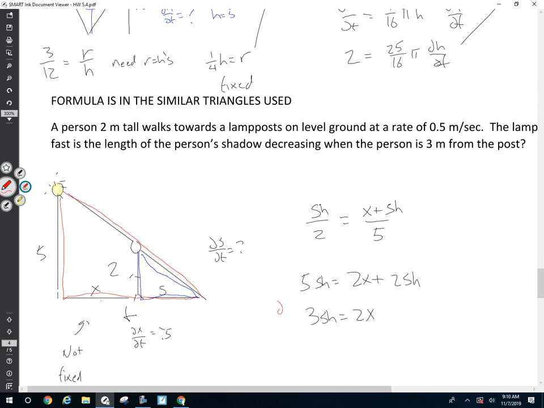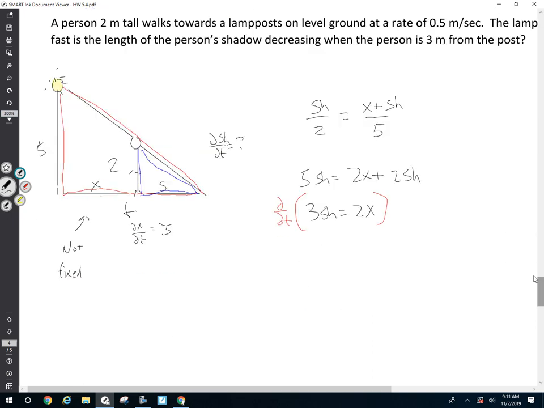Okay, well, take the derivative. Watch what happens. I'm going to change this to dsh. I'll get 3 dsh/dt is equal to 2 dx/dt. dx/dt is negative 0.5, so this will be negative 1.